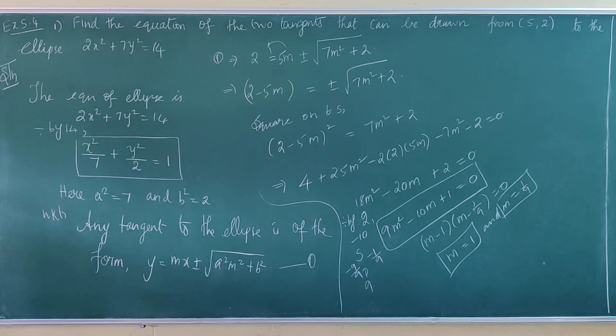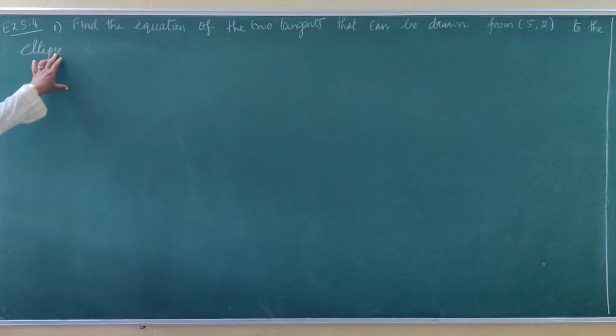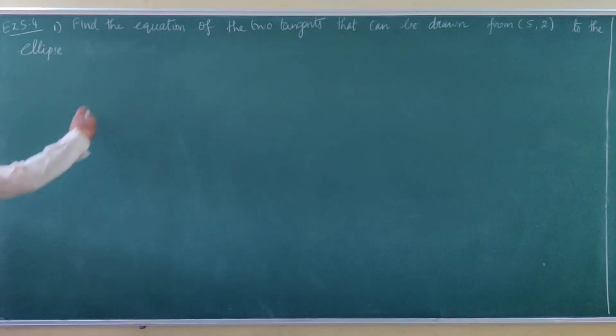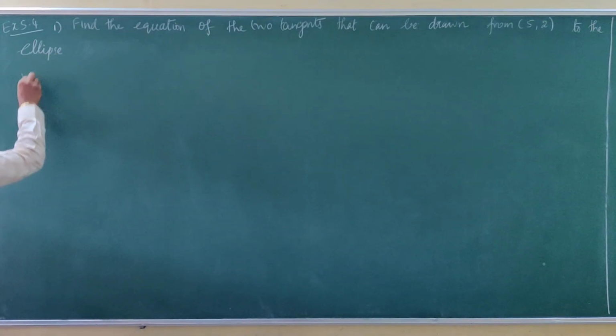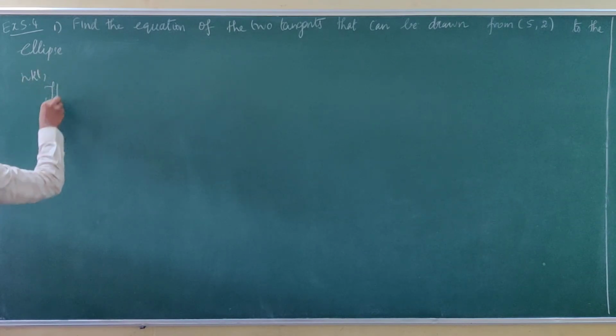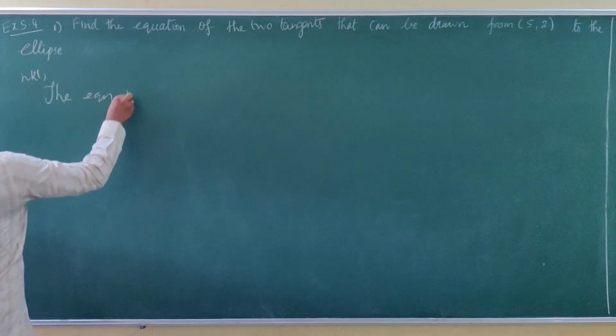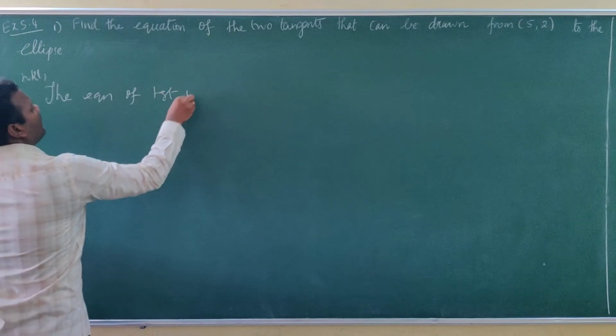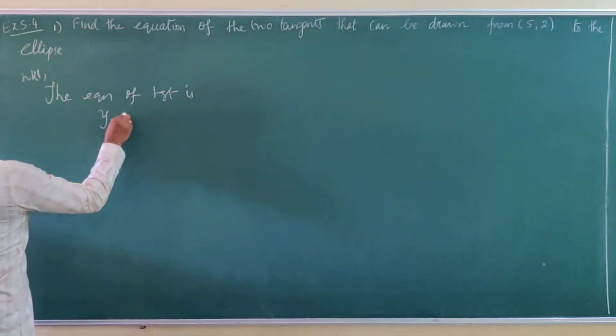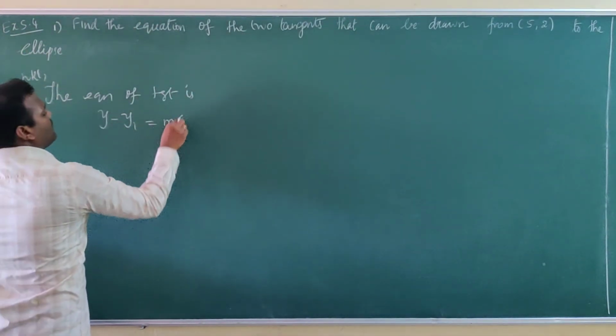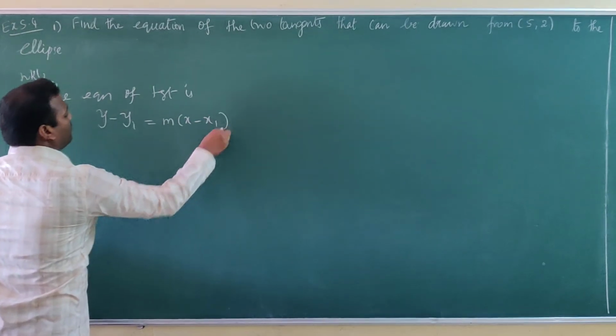So now what we are going to do is, using the two values of m, we are going to find the two equations of the tangent. So next we are going to write the equation of tangent. We know the formula to find the equation of tangent. The equation of tangent is y minus y1 equal to m into x minus x1.